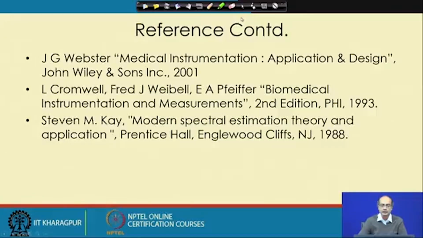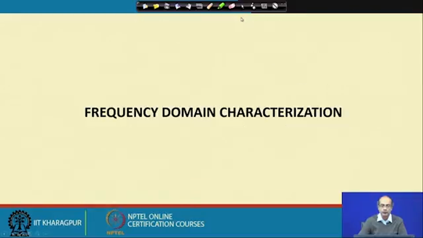Okay. So, we will proceed to frequency domain characterization. Now, to start this topic, the first thing we should note is that we engineers are problem solvers, and for that we need to look for the opportunity of different kinds of solutions, whatever suits best.